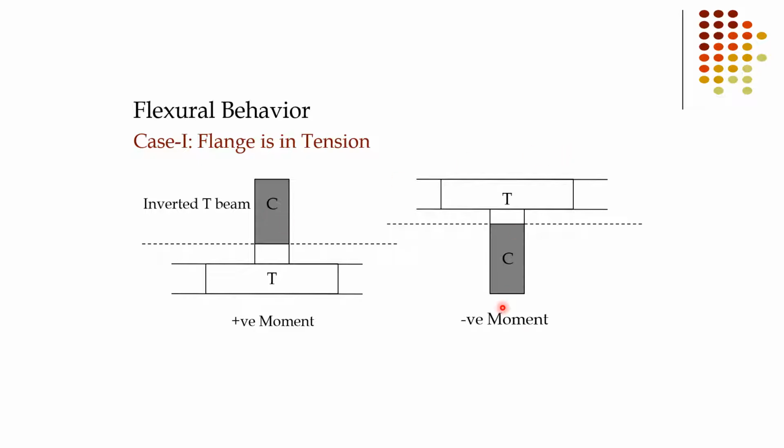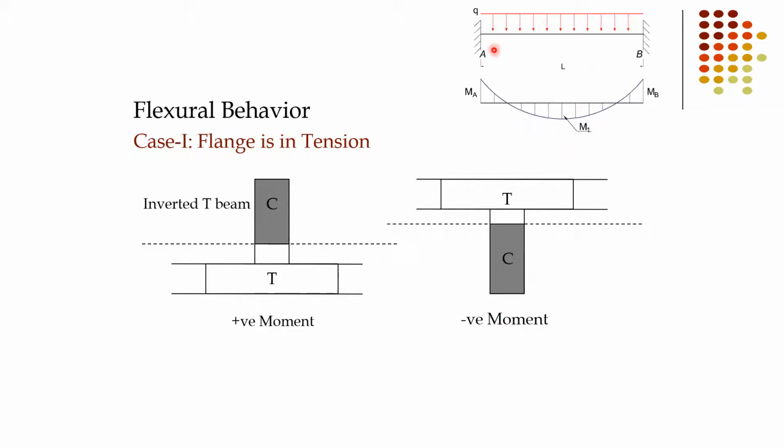Similarly, when there is a negative moment, for example in a fixed-ended beam, at the center there will be a positive moment, and at the support there will be a negative moment. When there is positive moment at the center, in the beam the top will be in compression and the bottom in tension. At the support the condition will be different. At the top there will be tension, and at the bottom there will be compression. That is the condition of the negative moment.